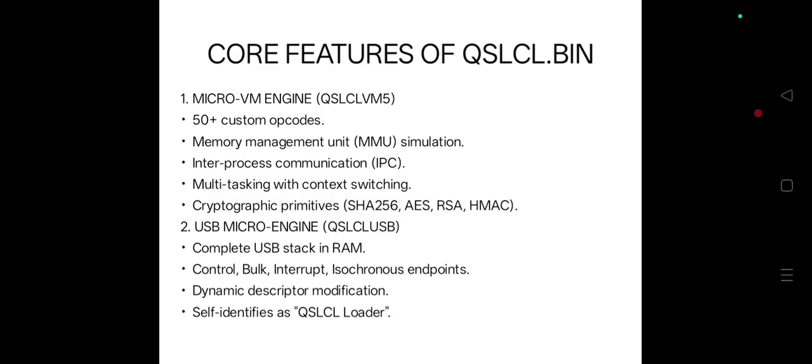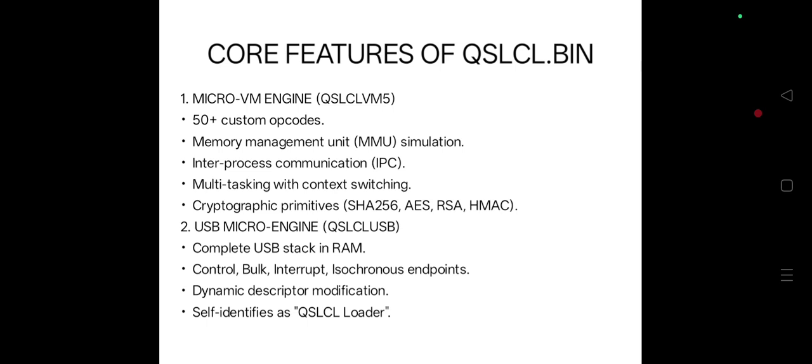Here are its core features. My loader has a micro VM engine with the header called QSLCL VM5. It contains 50-plus opcodes, my custom instructions, which you can see in my build.py, which creates the qslcl.bin. It also has a memory management unit, MMU, simulation, which is part of the micro VM, inter-process communication, IPC, and multitasking with context switching.